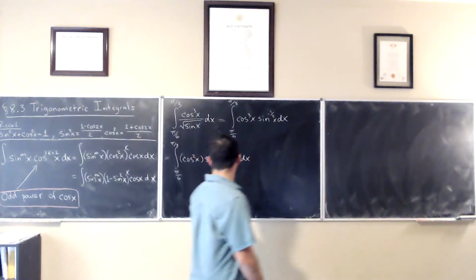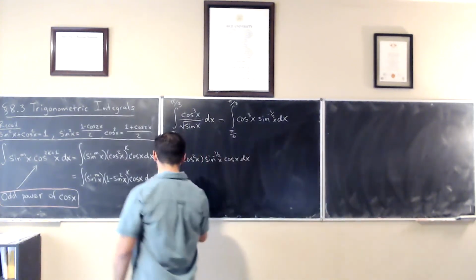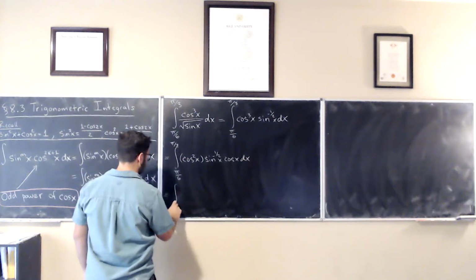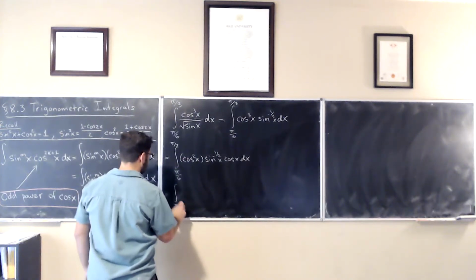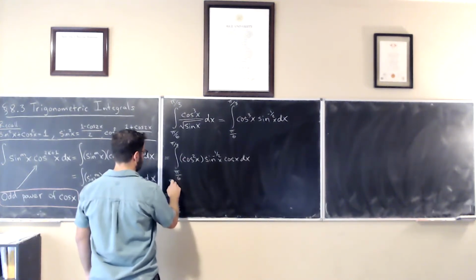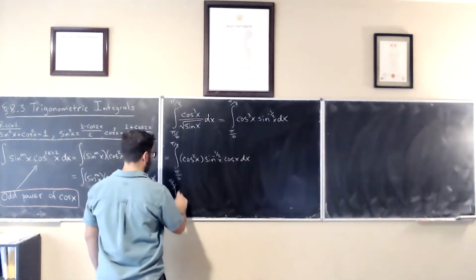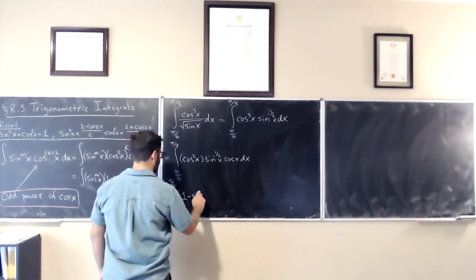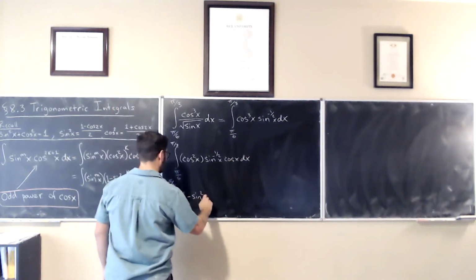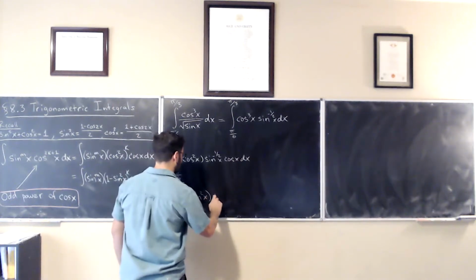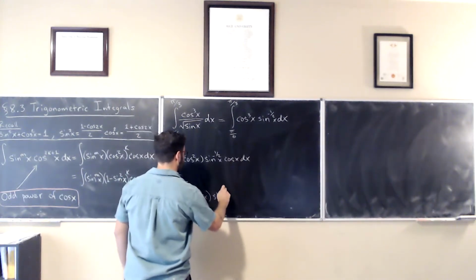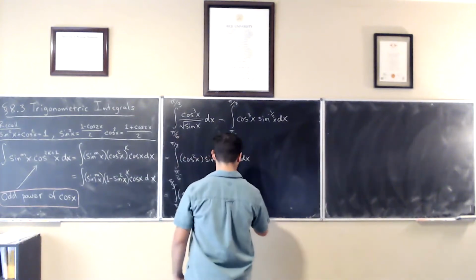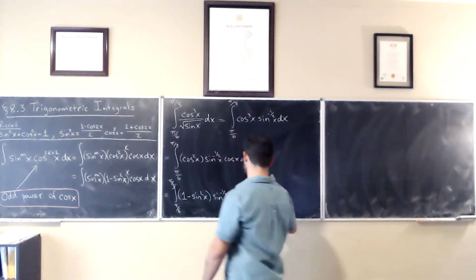Okay. And then we can rewrite this as the definite integral of 1 minus sine squared x times sine to the power minus 1/2 x times cosine x dx.